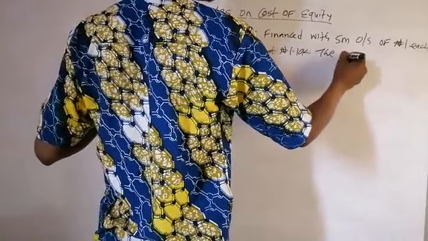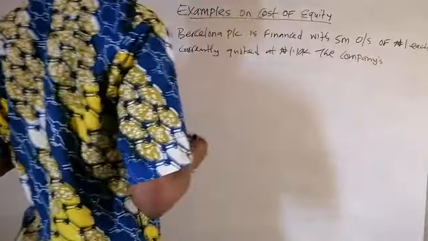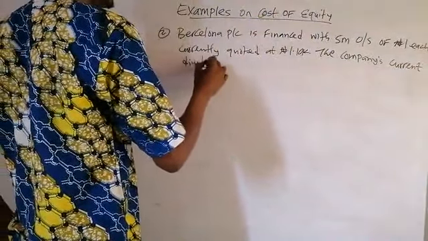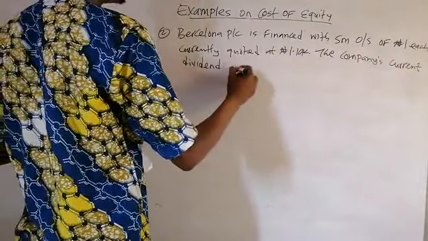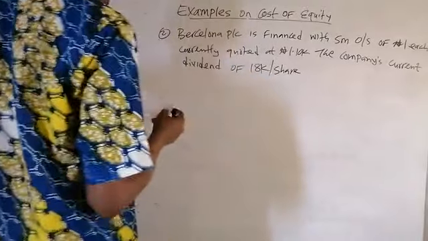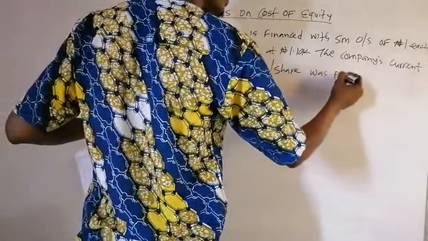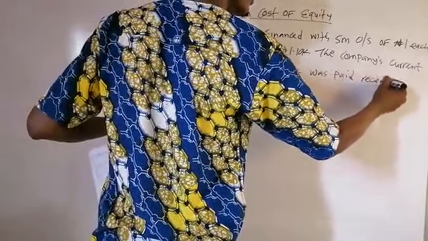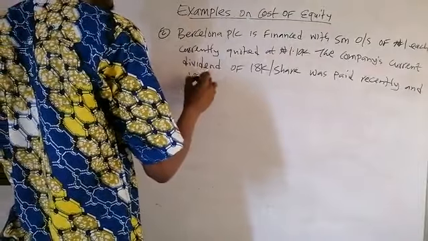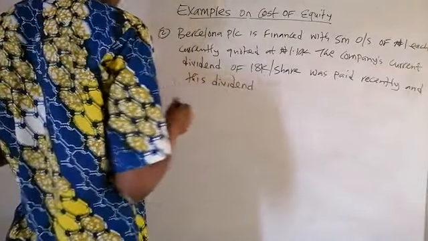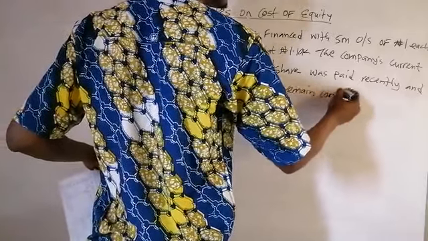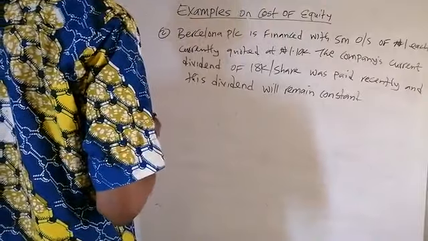The company's current dividend of 18 kobo per share was paid recently, and this dividend will remain constant to perpetuity.